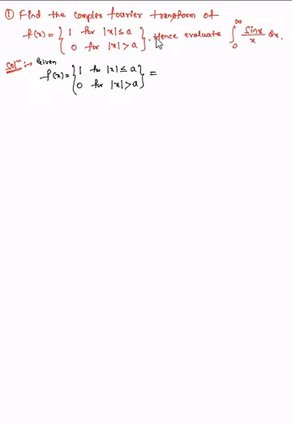For mod x less than or equal to a, mod x less than or equal to a means x lies between minus a to plus a. If you remove the mod here you get plus or minus a. So I can write this condition as minus a less than or equal to x less than or equal to plus a.